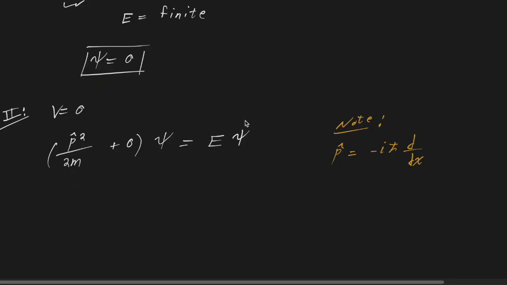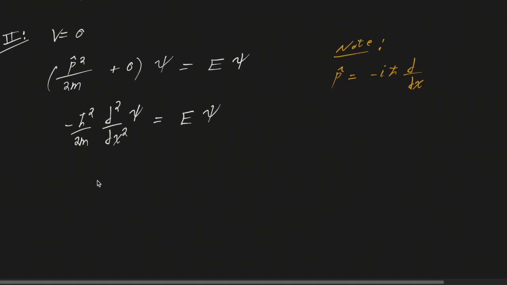Substituting that back into the equation, we get minus h bar squared divided by 2m, d squared by dx squared of psi, is equal to E psi. And so the equation becomes d squared by dx squared of psi is equal to minus 2mE over h bar squared psi.